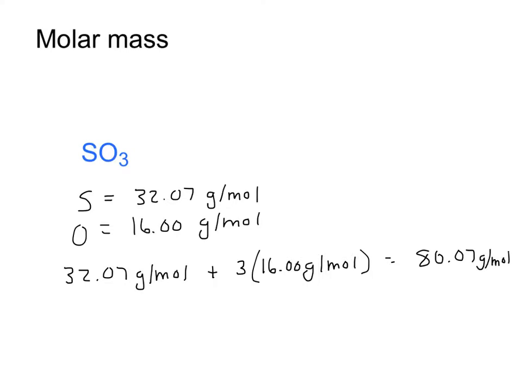So that is the molar mass of SO3. So if we have exactly 1 mole of SO3, it will have a mass of 80.07 grams. And if we have 80.07 grams of SO3, that means we have 1 mole.